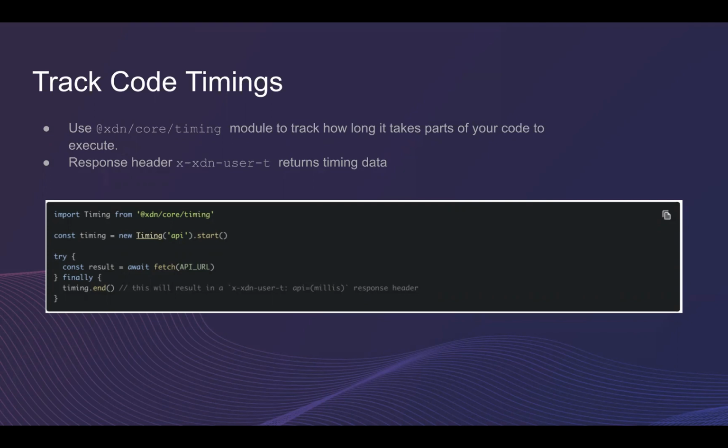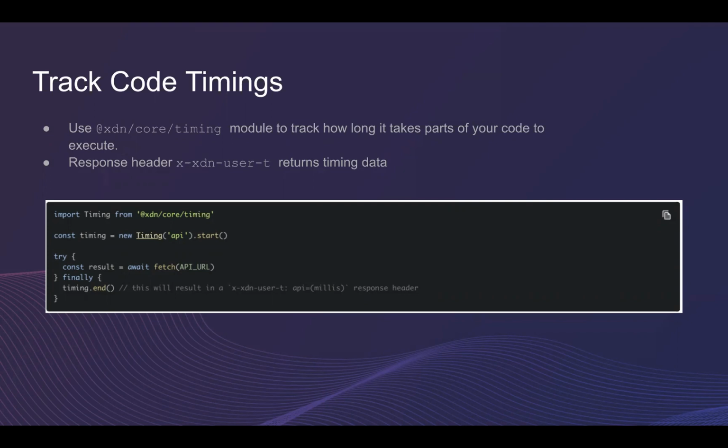So a couple things I want to just add here. First, to clarify, this is for tracking the amount of time your code is taking in the serverless tier, not necessarily for client-side code. And that's why it's being reported in this response header.